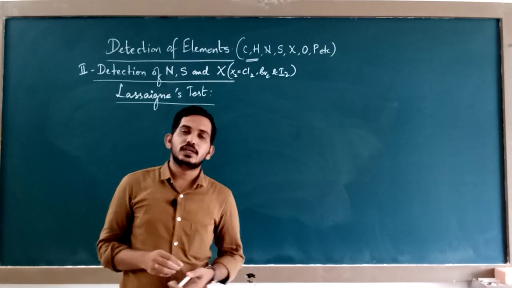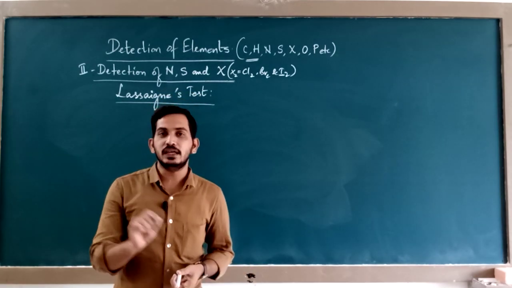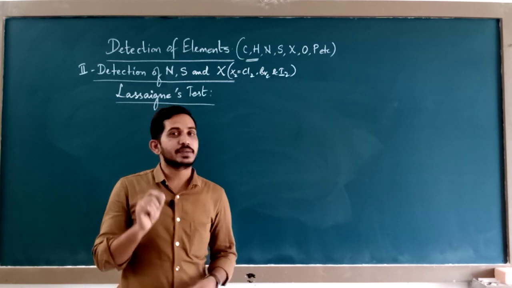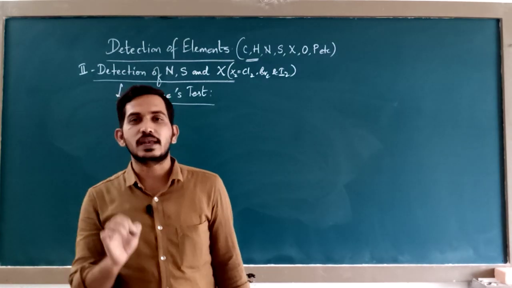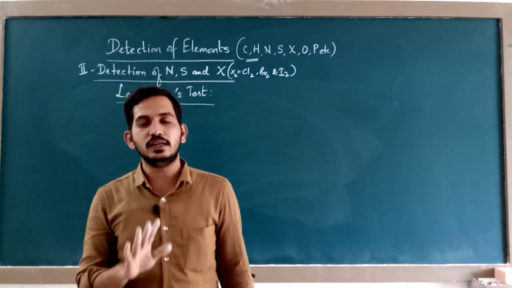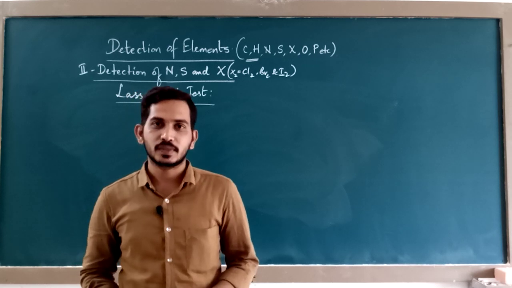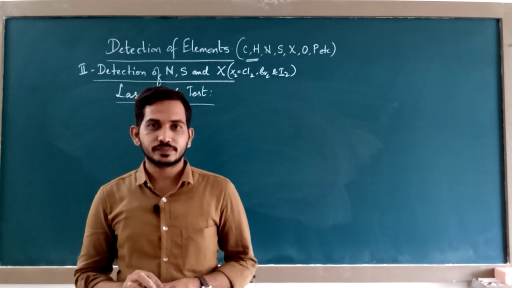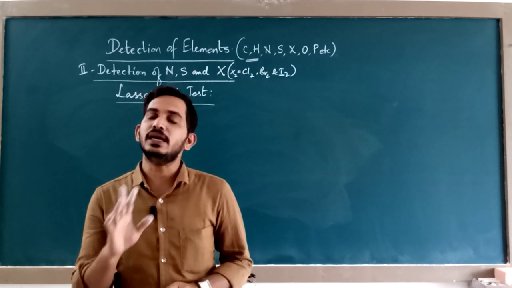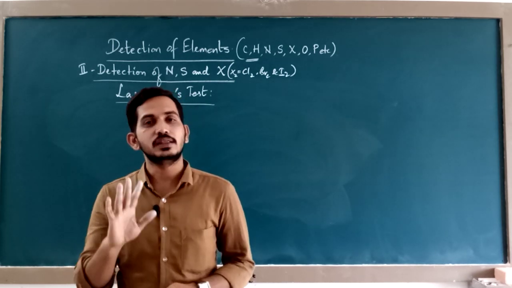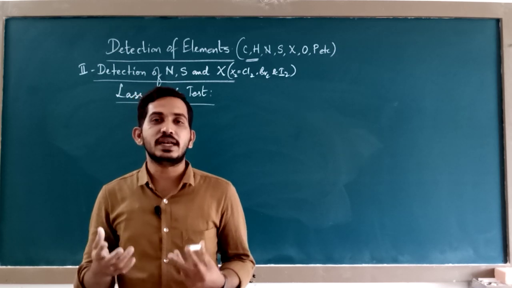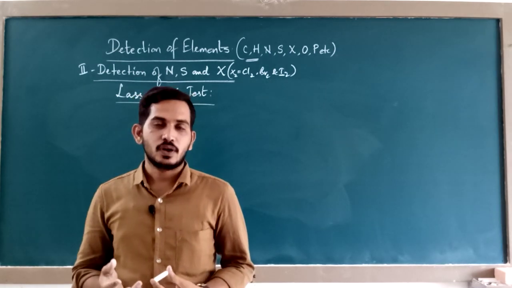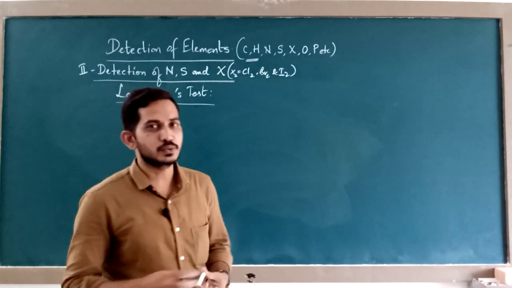So this fellow Lassaigne devised a method to identify the presence of nitrogen, sulfur and halogens in any given organic compound. In order to identify, you need to prepare a solution. That solution was prepared by the same scientist, Lassaigne. Therefore, we say you need to prepare Lassaigne's extract, or it is also called sodium fusion extract.